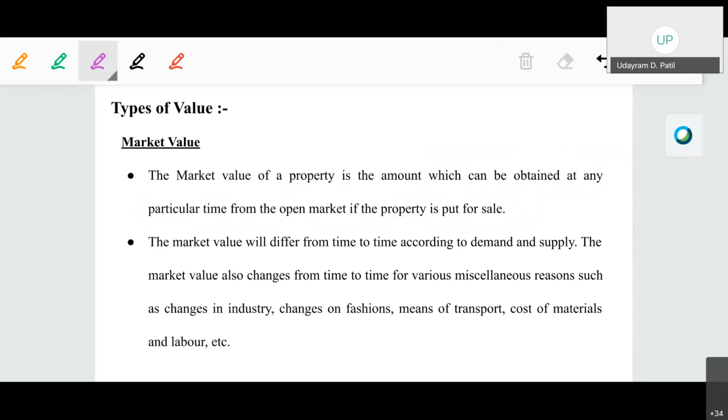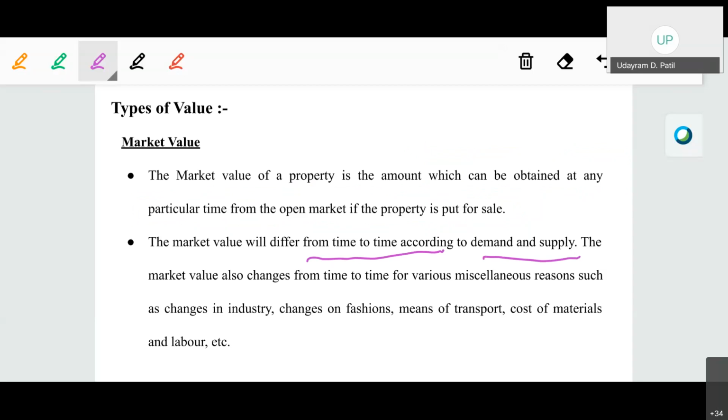As I said again, the market value will differ from time to time. Obviously, as time goes on, the demand and supply will increase or decrease, as we already studied, and therefore the value of the property will increase or decrease.